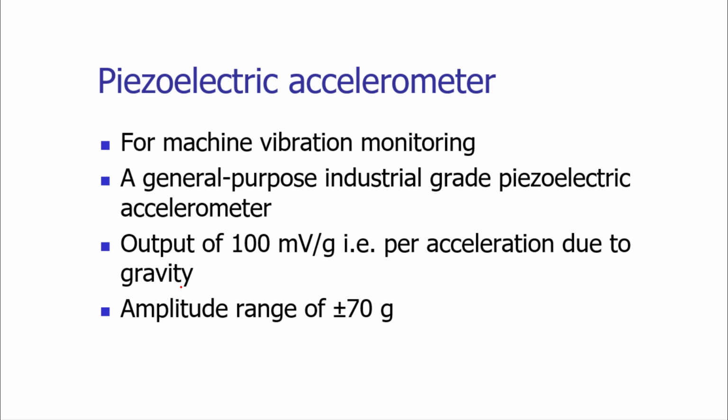In general, a typical industrial grade piezoelectric accelerometer is giving output of 100 millivolt per acceleration due to gravity. Its amplitude range is about plus or minus 70 G.